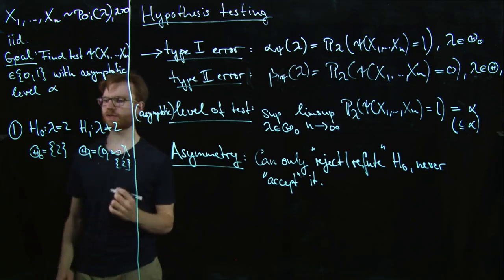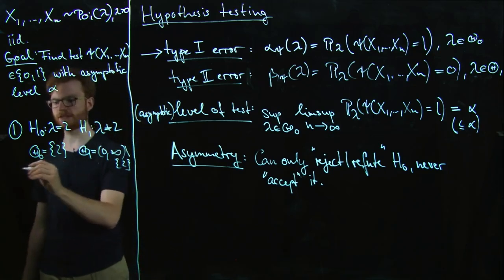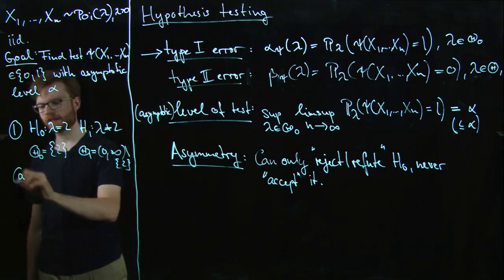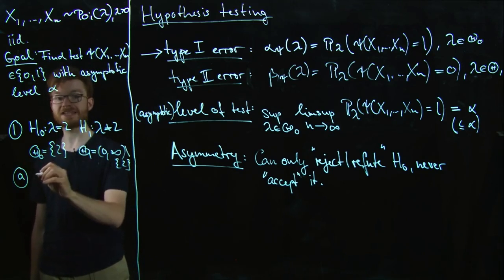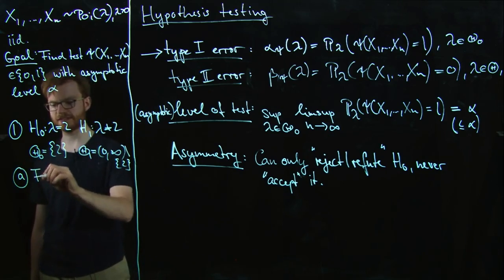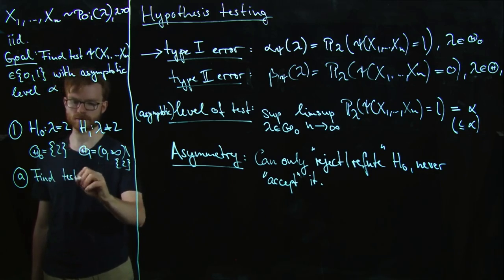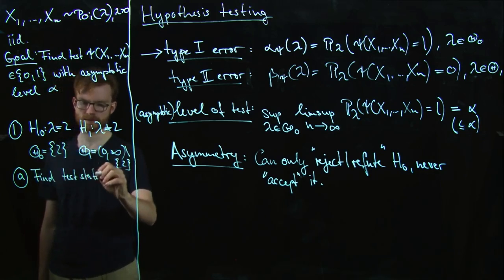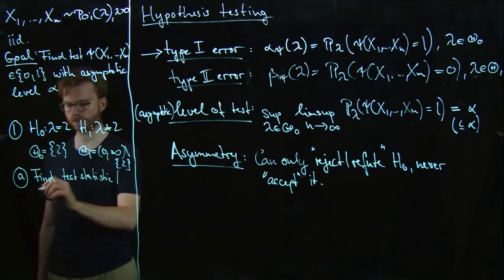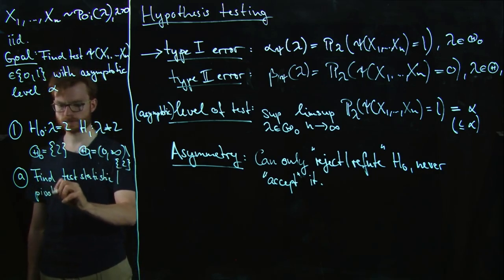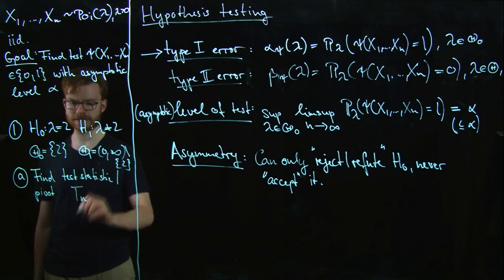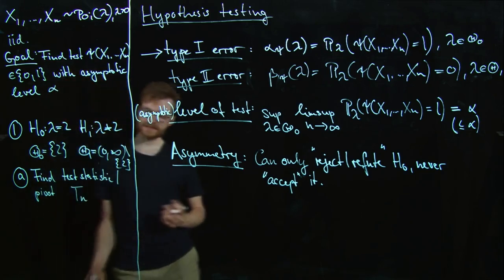And the strategy of how to produce this is often similar. Namely, our strategy is first to find a pivot or a test statistic, Tn.